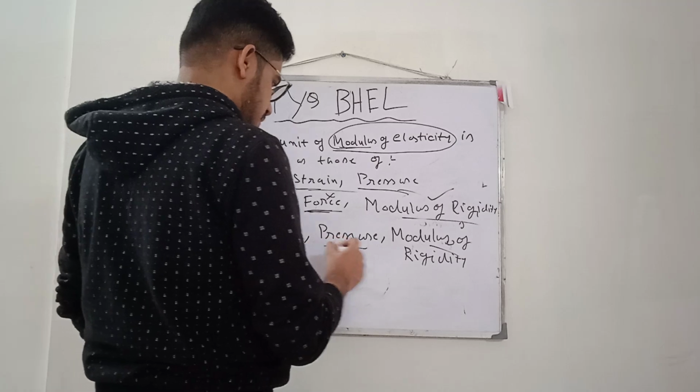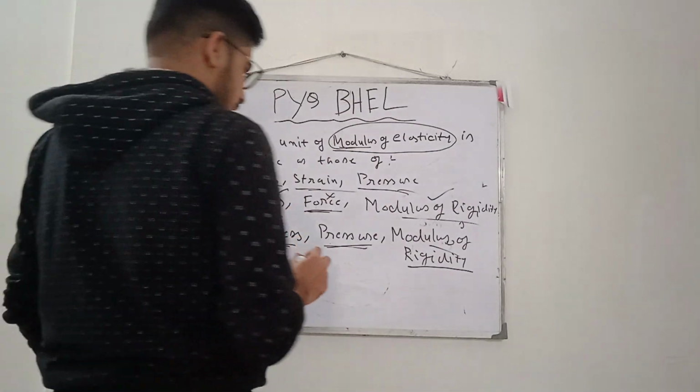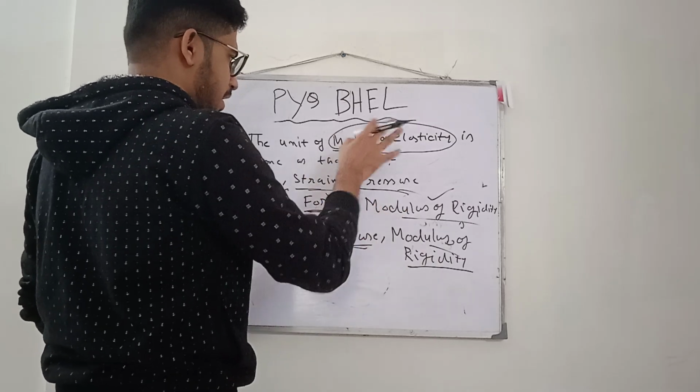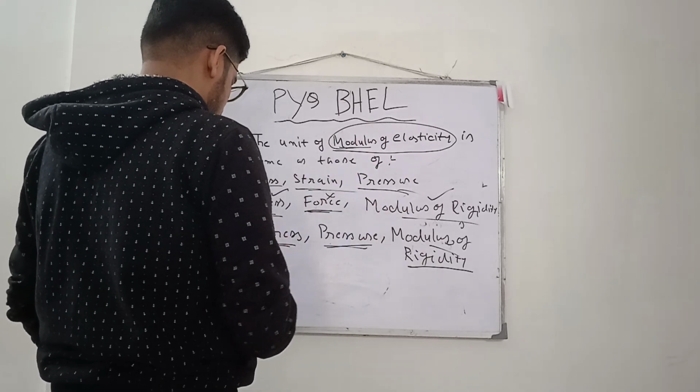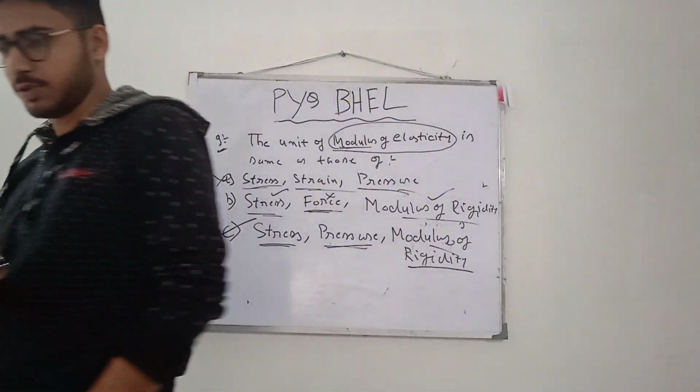So stress, pressure, and modulus of rigidity, these three have the same unit as modulus of elasticity. So this option is correct. Okay, so note it down.